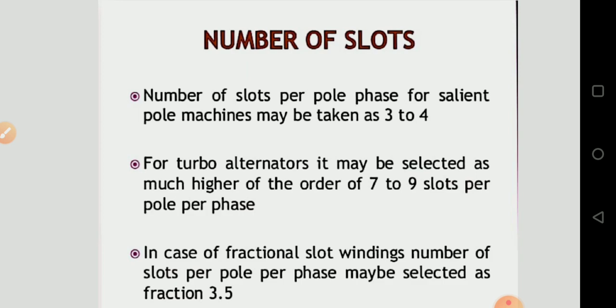For a turbo alternator, it may be selected much higher, in the order of 7 to 9 slots per pole per phase, and for fractional slot winding a fraction such as 3.5 per pole per phase is selected.